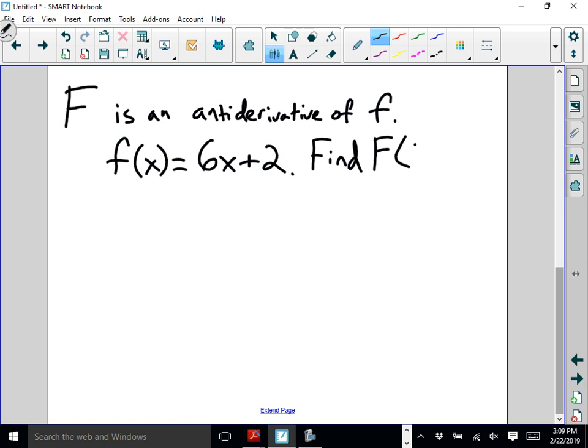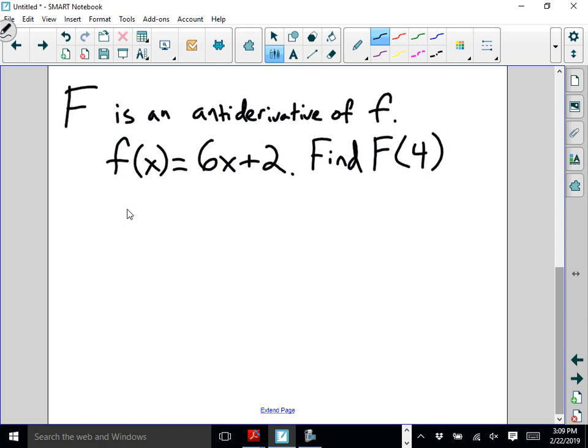Right now there is no way that I can find capital F of 4 because I don't know which antiderivative it is. There are infinitely many antiderivatives of 6x plus 2. The antiderivative of 6x plus 2 would be 3x squared plus 2x plus c.